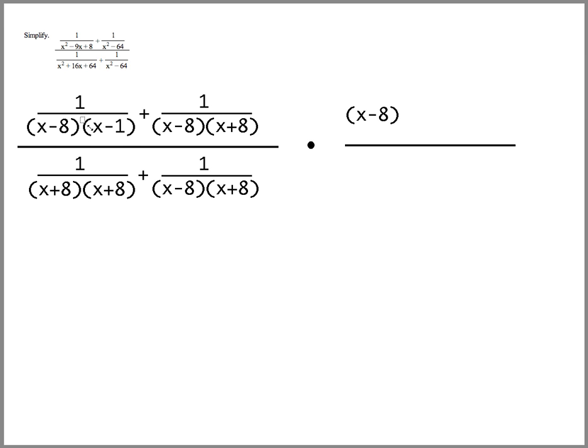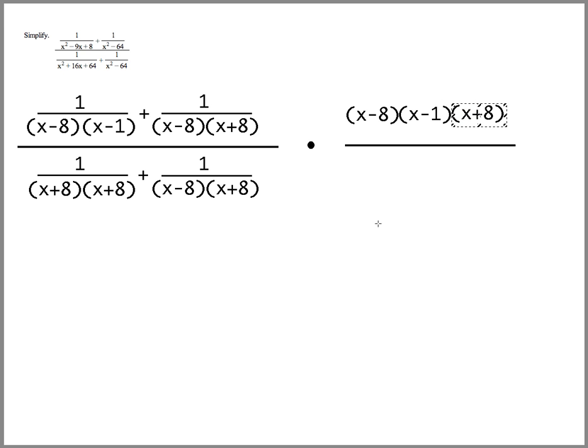How about this factor of x minus 1? Well, this is the only fraction that has it, but it exists. And so in order for me to get this fraction to collapse, I need to multiply by x minus 1 as well. Now we move over to this fraction here, and I see I have a factor that we haven't caught yet, and that's x plus 8. And so I will include it in my list for the LCD.